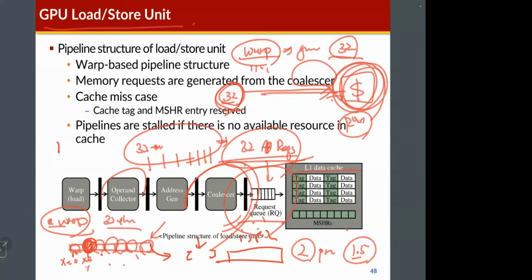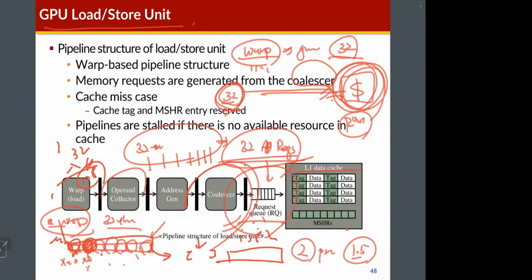If the element size of a certain array is 4 bytes and a warp includes 32 threads, then 32 multiplied by 4 equals 128. So the best case is that the memory transactions from one warp fit in one 128-byte cache block of the GPU cache.